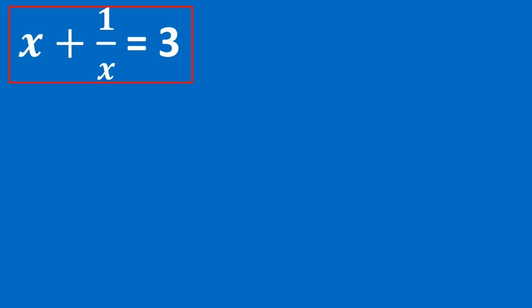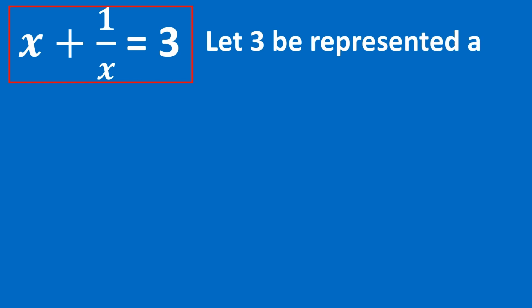And so we'll say let x plus 1 over x be equal to n. What we are indirectly saying is that 3 will now be represented as n, and that is because we want to get a generalized form of the algebraic expression for other related expressions.